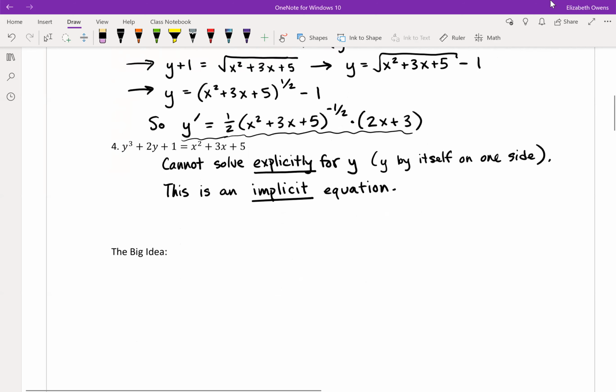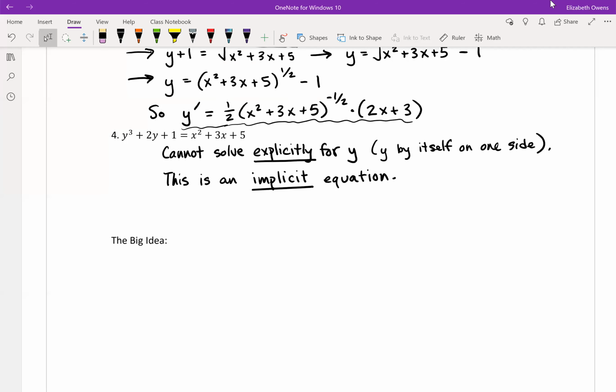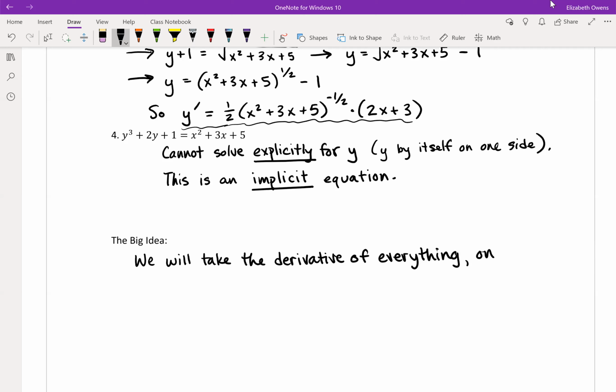And so the big idea here for these implicit equations is that we're going to just take the derivative of everything all the way through. So we will take the derivative of everything on both sides of the equation with respect to x.